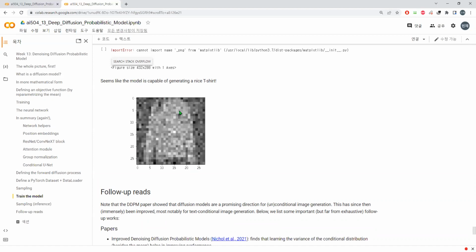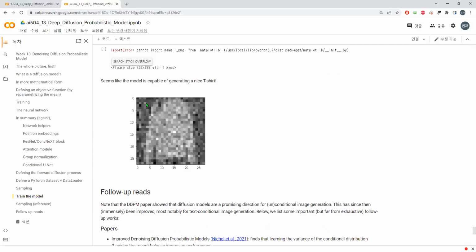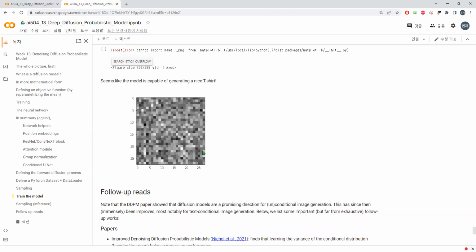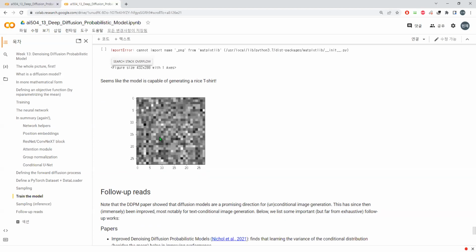By this figure, it seems like the model is capable of generating a nice t-shirt. We start from total noise like this, and it gradually becomes some t-shirts, right?